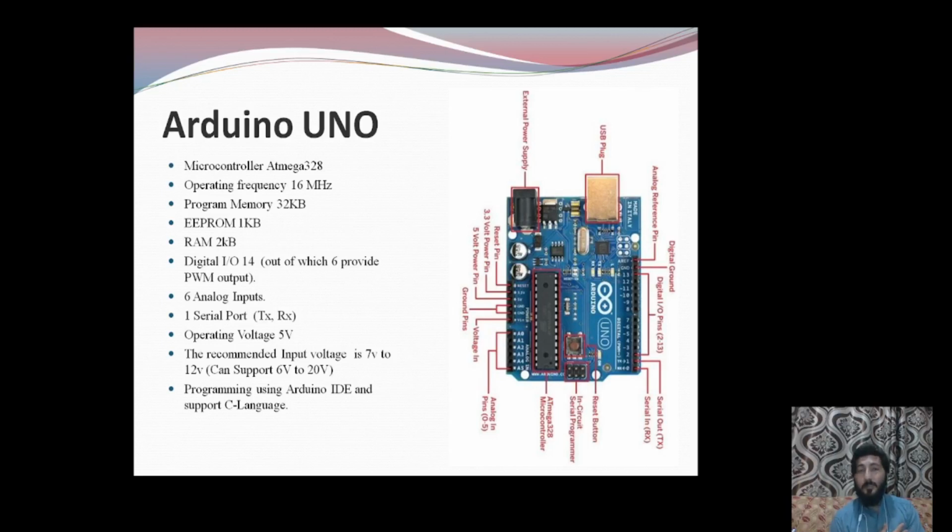The answer is that there are a lot of shields available. For example, a motor shield, that is a stepper motor shield such as the L298. If you are using the shield with Uno, you just need to put it on or install it on the available headers.